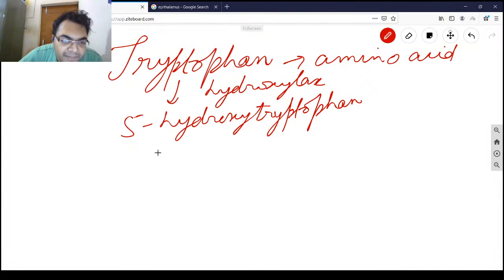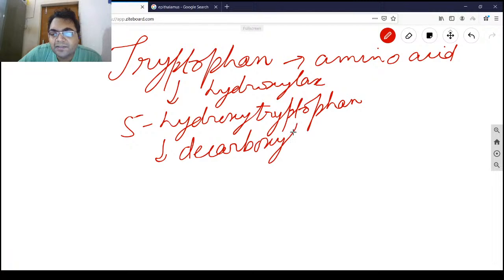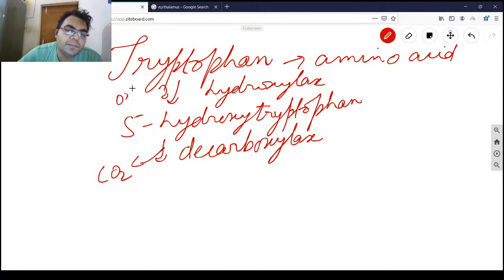I'm just giving you the pathway. Then you go for decarboxylation. You add the OH group with hydroxylase, and you take out the CO2 group. Decarboxylation.